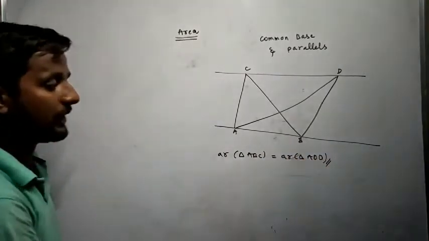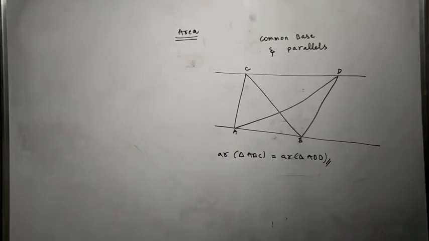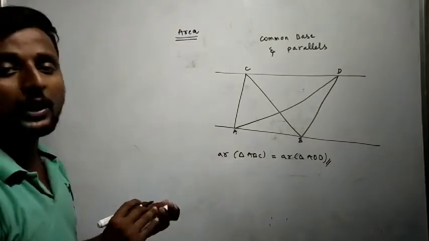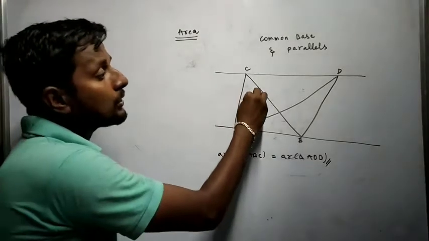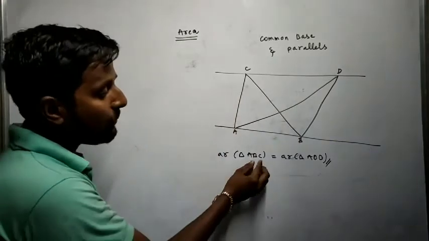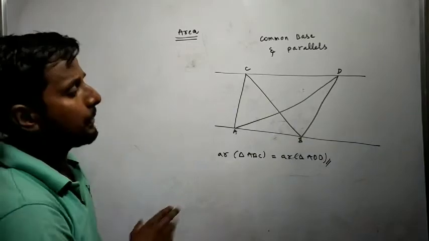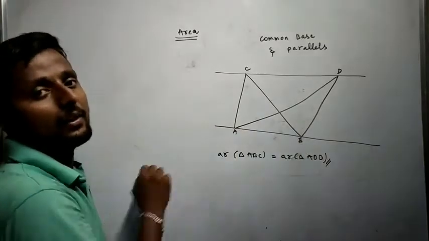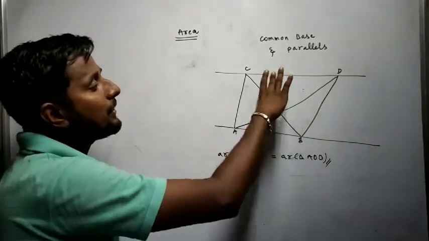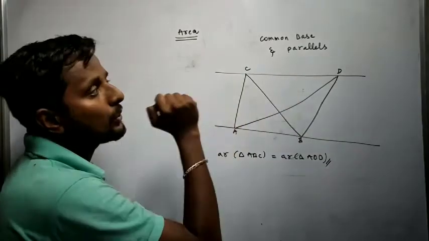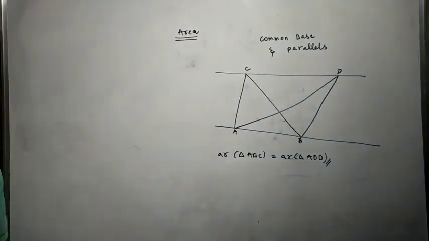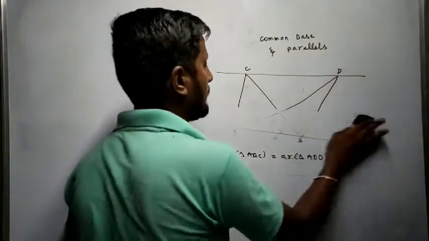Proofs are not required. We are just talking about the relation. Look at ABC and ABD: AB is the common base for the triangles, and both triangles lie between the same parallel lines. So their areas are equal. Next.